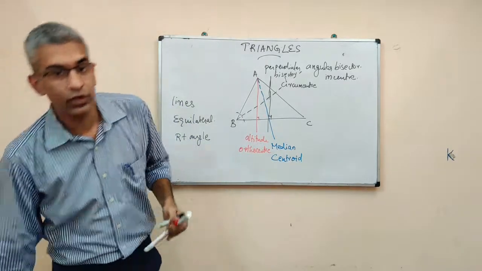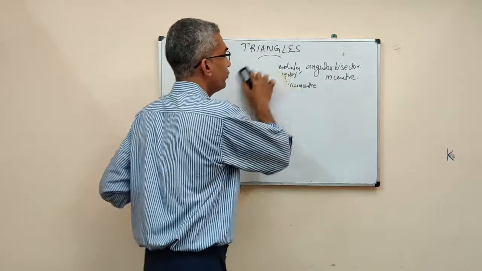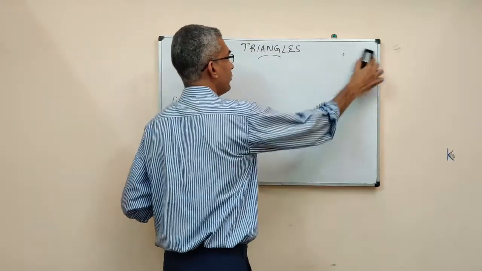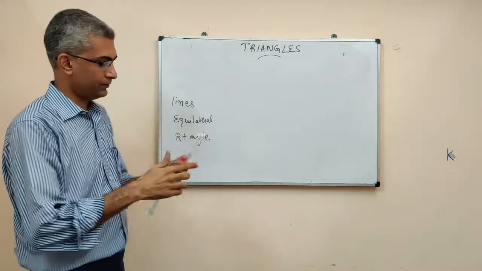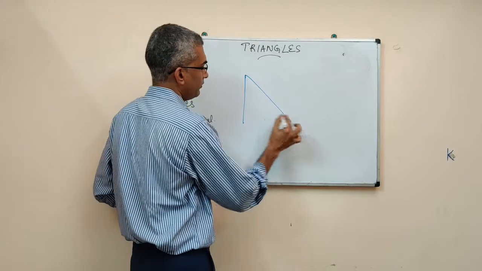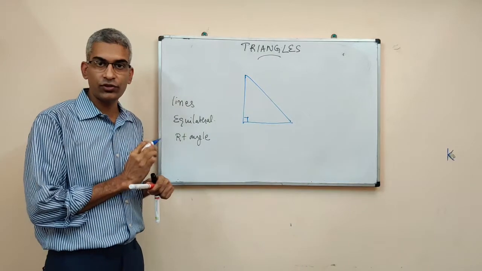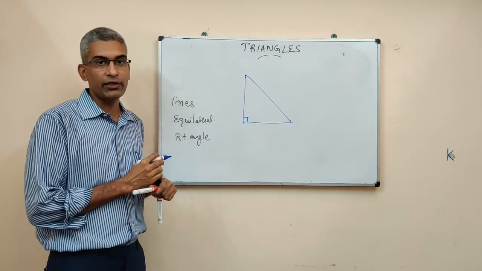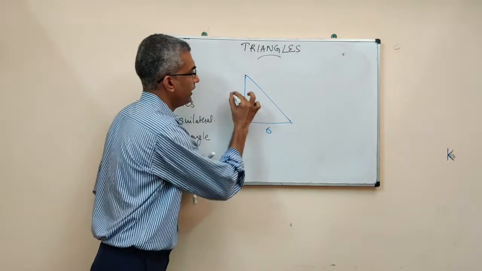Now, before we go on to a few problems, let us look at a few more properties of two important triangles, the equilateral triangle and the right angle triangle. Look at this triangle. Here, one angle is 90 degrees. So that is why it is called a right angle triangle. Let us say this side is 6, this side is 8.